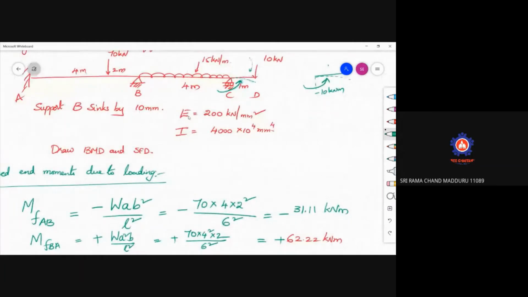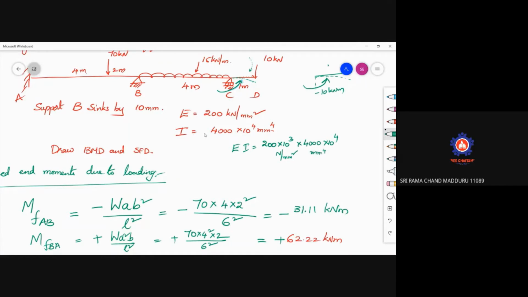Now coming to here, EI is to be calculated. So EI, just see here, E is 200 into 10 cube Newton per mm square. So EI is 200 into 10 cube into 4000 into 10 power 4. If you observe, the units of this one are Newton per mm square and this is mm power 4.